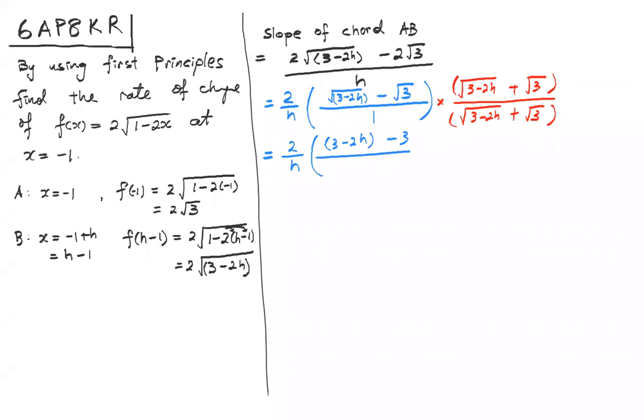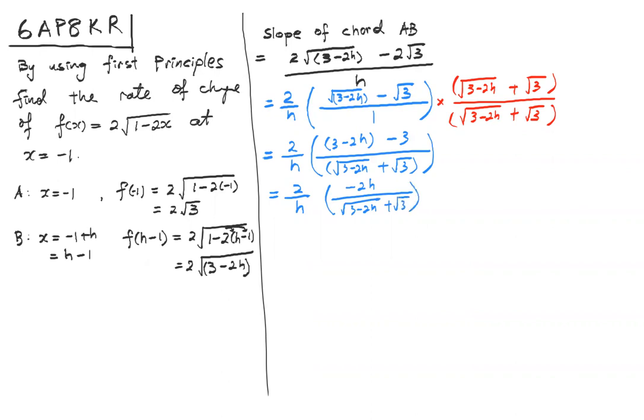Over. Okay. Then I go to here. Okay, open up. So you get negative 2h divided by square root of 3 minus 2h plus square root of 3.